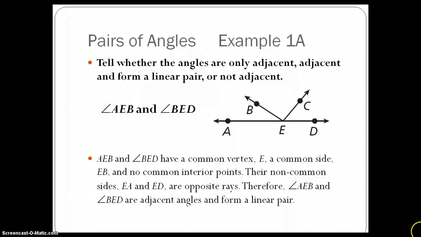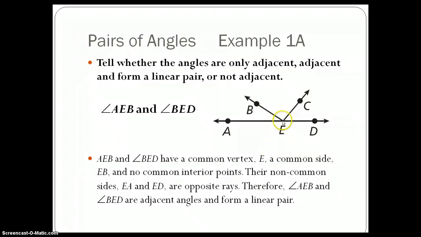An example would be identifying. We want to find out, are the angles here adjacent and form a linear pair, or not adjacent? So we're looking at angles AEB and BED.